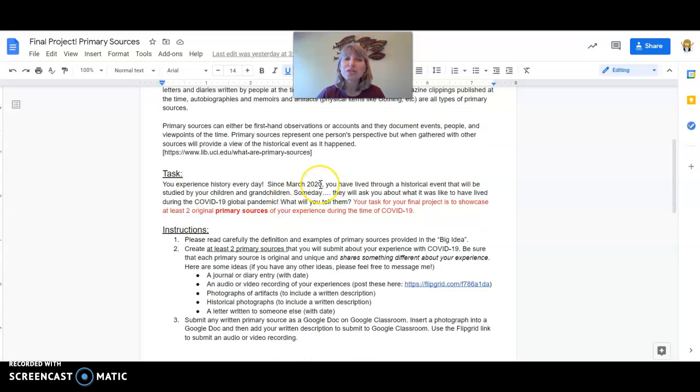Since March of 2020, you've lived through a historical event. You've lived through historical events lots of times in your life, but we're going to focus on COVID-19 because that's had the biggest impact historically in your life right now. I want you to think about what you will share with your children and your grandchildren when someone says to you, what do you remember about 2020 and 2021 and COVID-19?